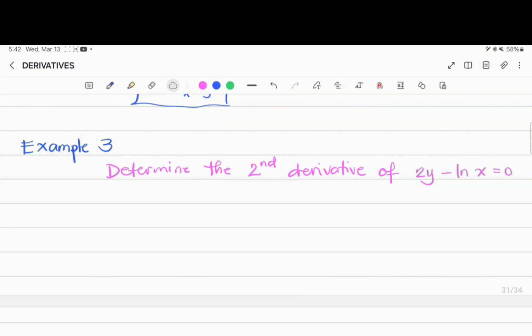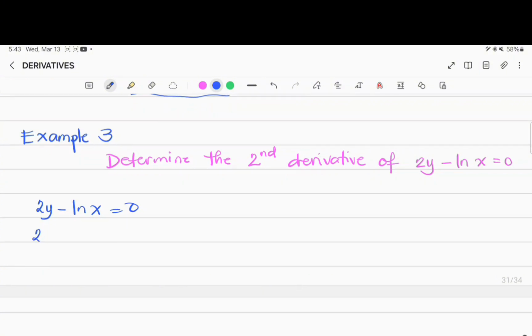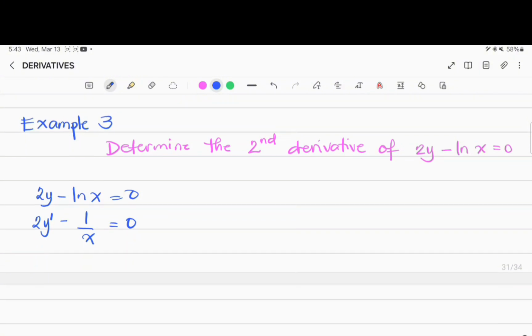Using implicit differentiation, let me rewrite it here. The derivative of 2y is 2y prime minus the derivative of ln x, which is 1 over x, that is equal to 0.